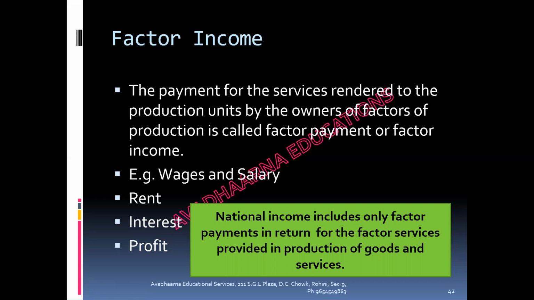For the production of final goods and services produced in the economy. तो नेशनल इनकम कैलकुलेट करते समय हम बेटा वो फैक्टर पेमेंट या फैक्टर इनकम इंक्लूड करते हैं जो कि अर्नड इनकम है. That is earned income. That means the factors of production have given their services and earned that income in return. So only that income is going to be included while calculating national income.